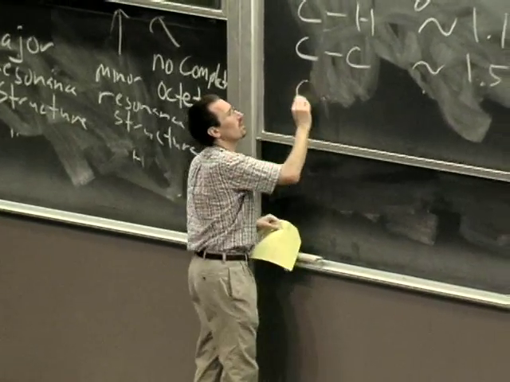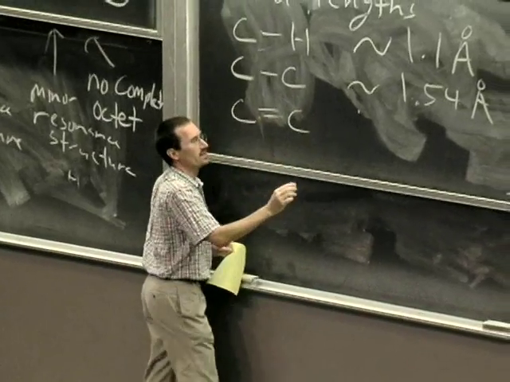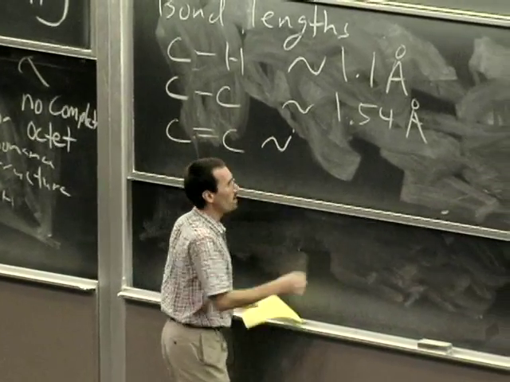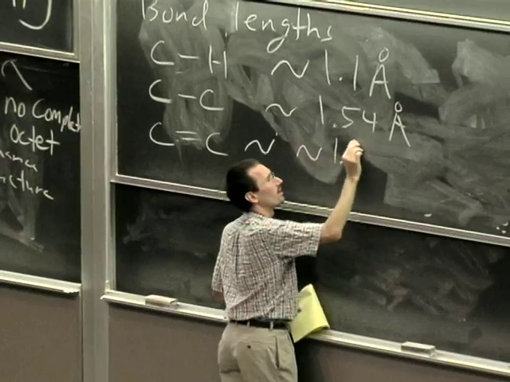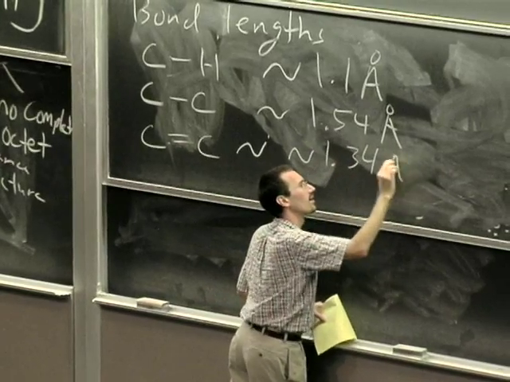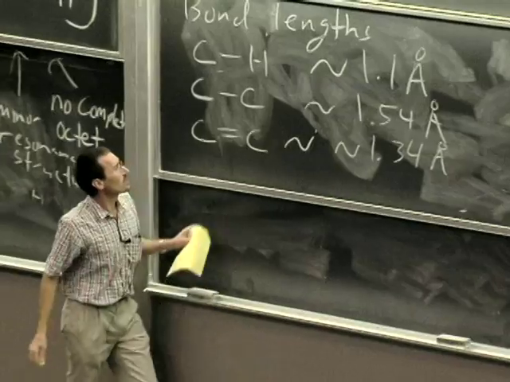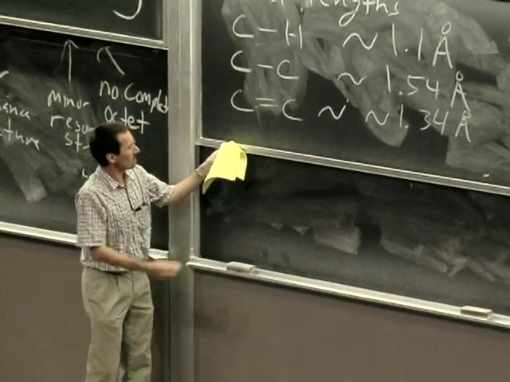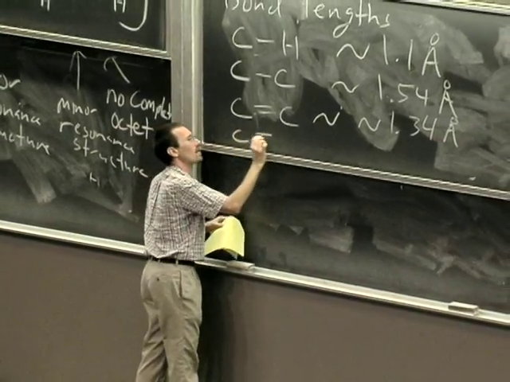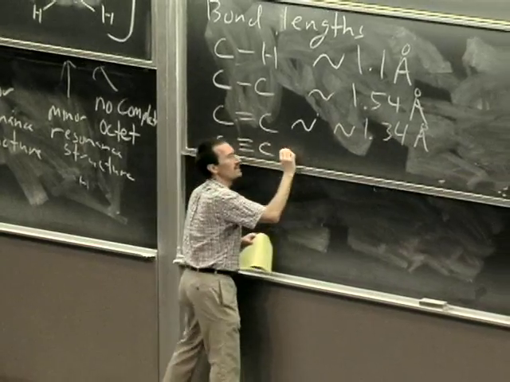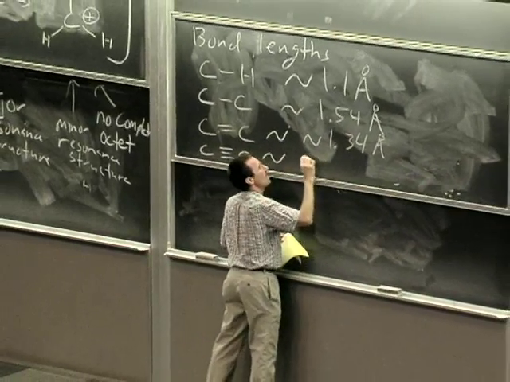A typical carbon-carbon double bond is about 1.34 angstroms. And just to complete the entire set, a typical carbon-carbon triple bond is about 1.20 angstroms.